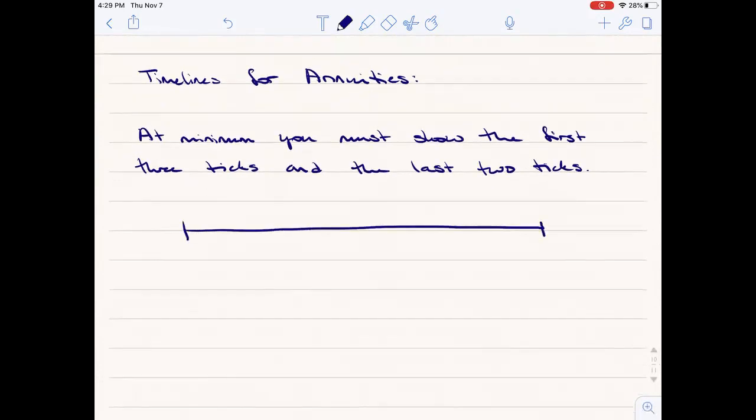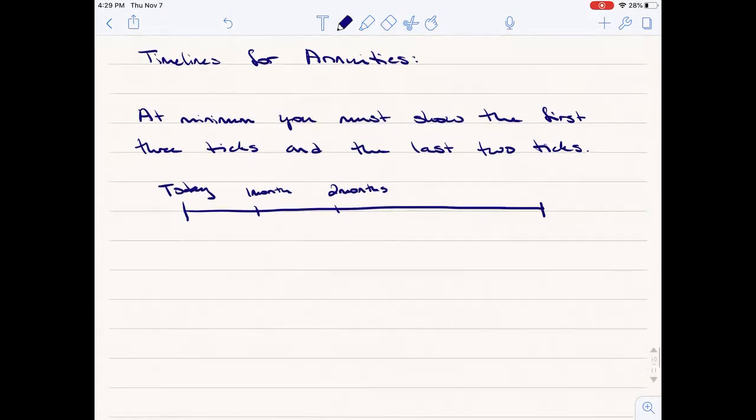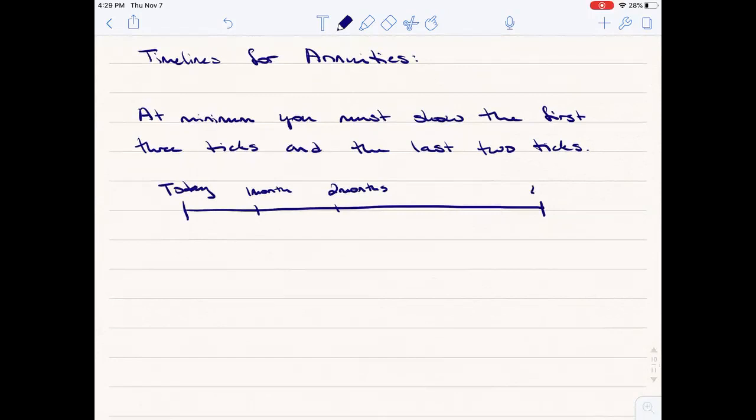If you start today, and then I make a payment at 1 month, 2 months, and then here, let's use the 4-year mark. 4 times 12 is what, 48? 48 months, or 4 years.